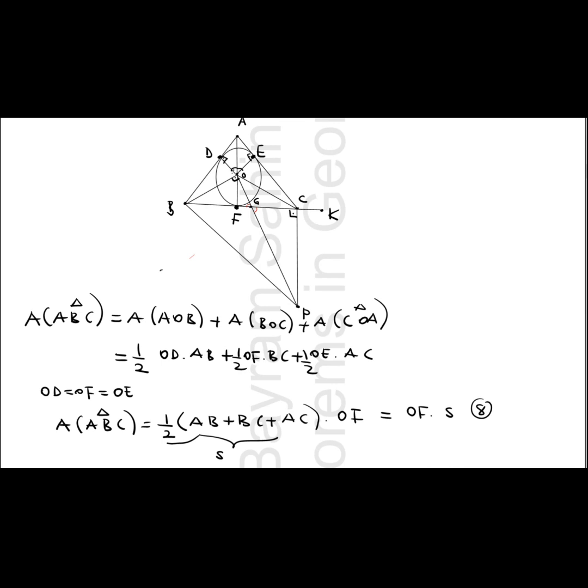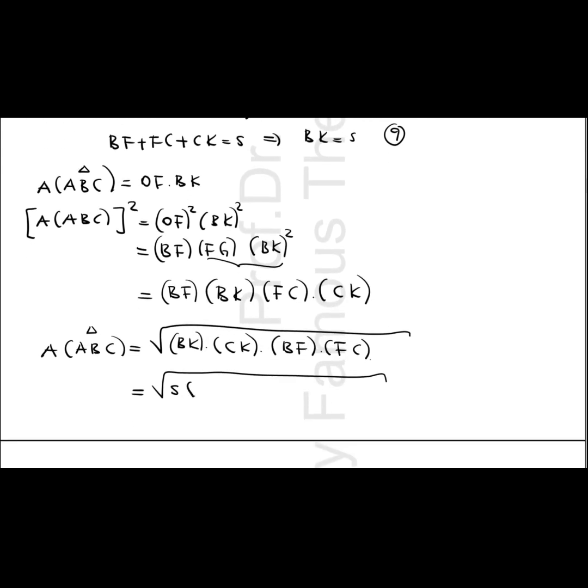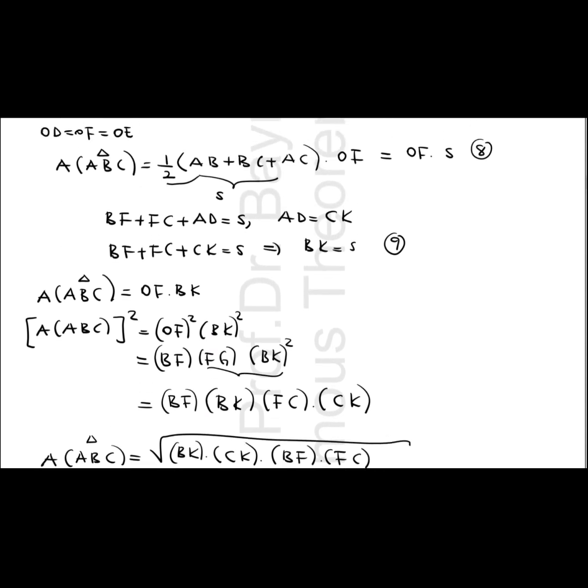So to find CK, we need to subtract this BC, which is A. So that's why this one becomes S minus A. How about BF? If you look at BF, BF is this one. So you need to subtract the FK from the semi-perimeter.